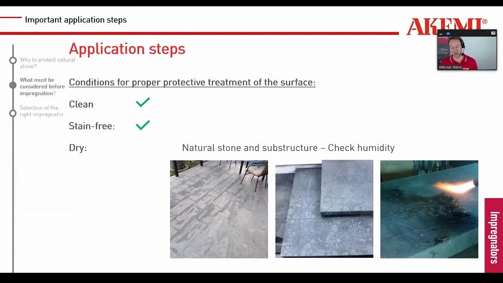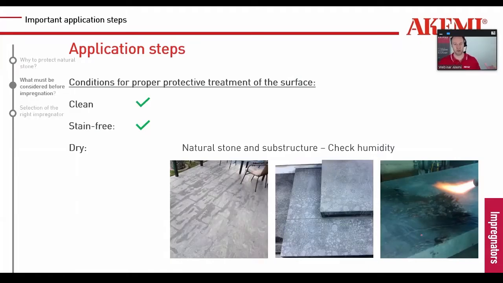One easy hint for how to check if a floor or a terrace is dry enough for treatment is: you take a plastic foil, 1 square meter, and place it on the stones on the floor.